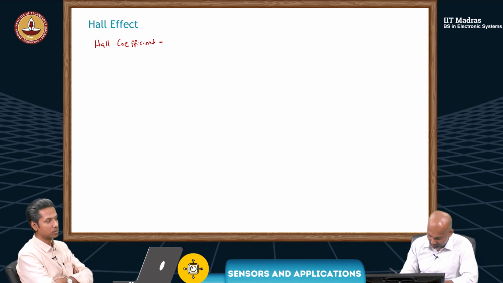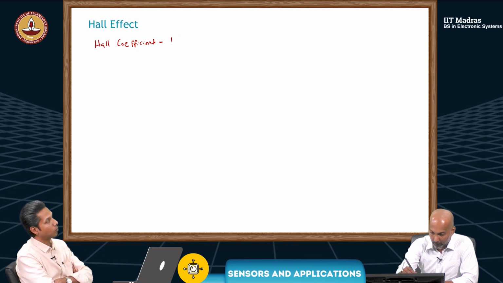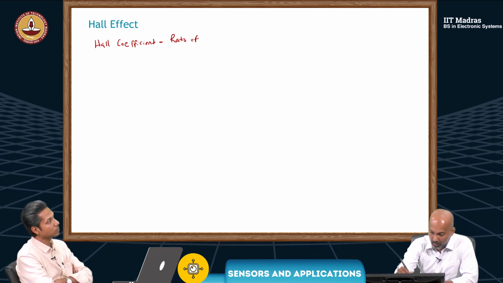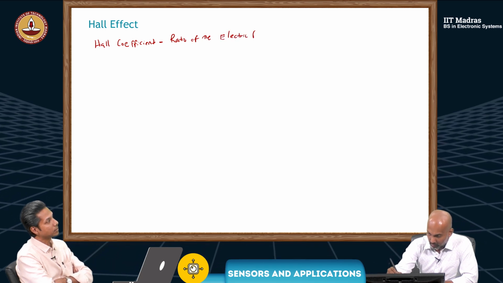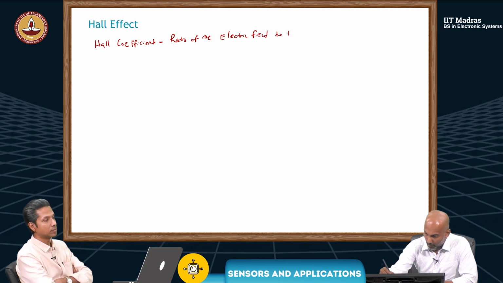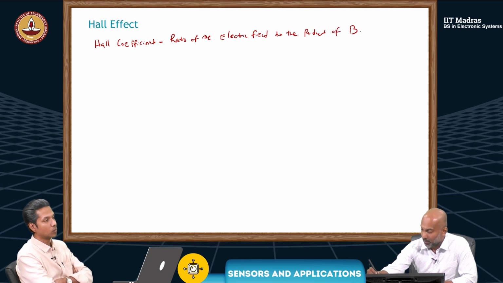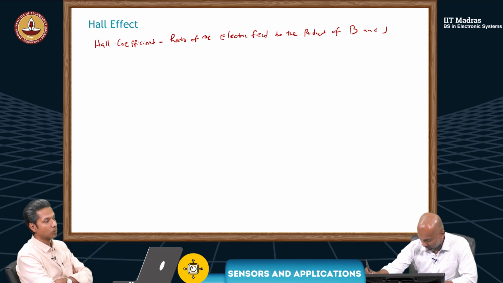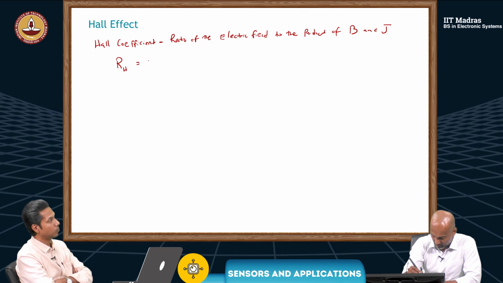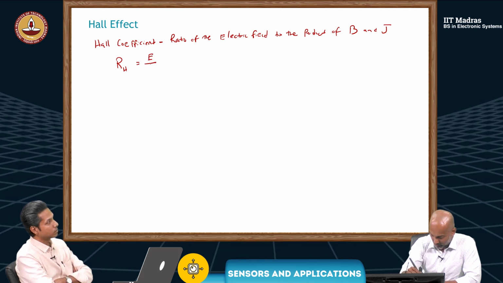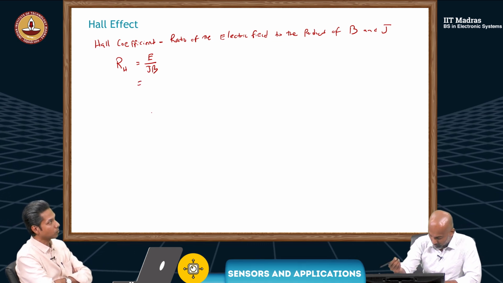So that's the ratio of the electric field to the product of B and J. So then we can call this RH equals E divided by JB.